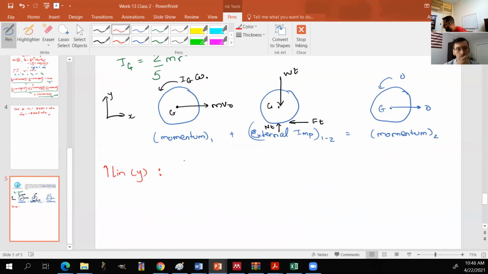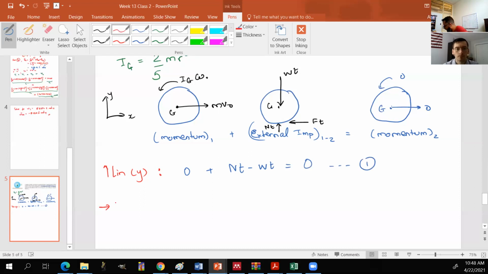Zero. What are the forces in the y direction? The weight and normal force. So N t minus W t, like that. And what is your final momentum in the y? Zero. So this gives you your expression number one.